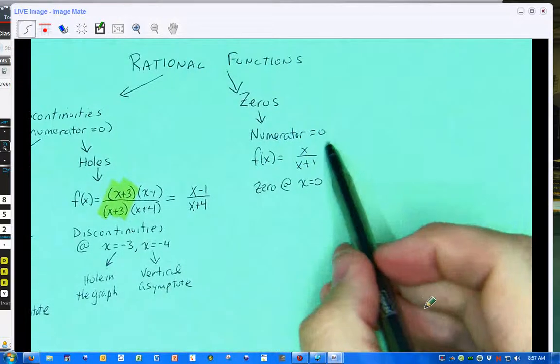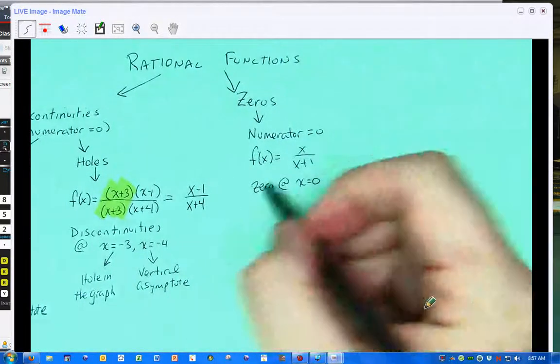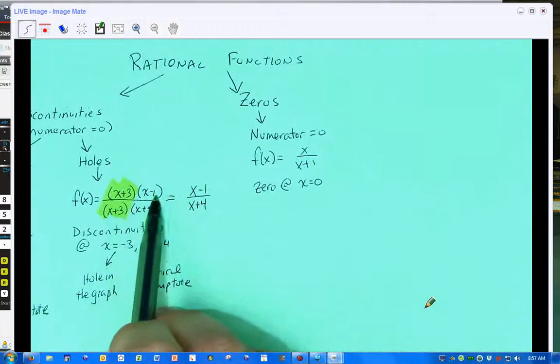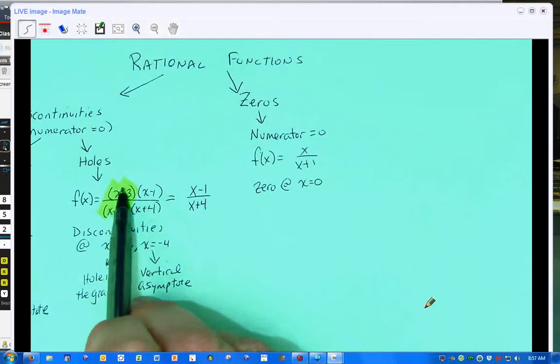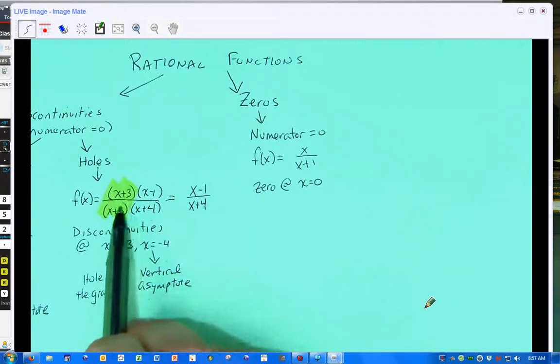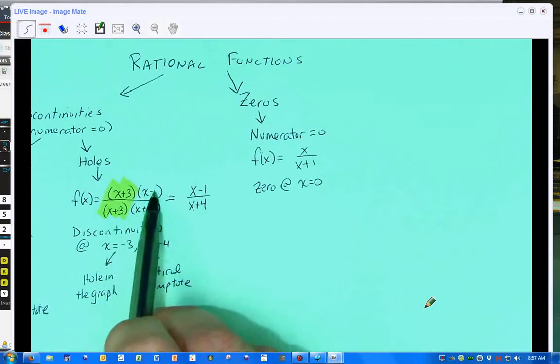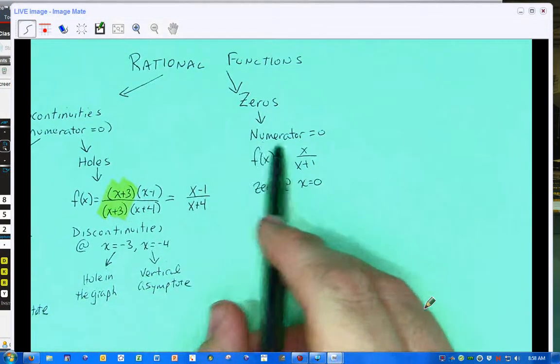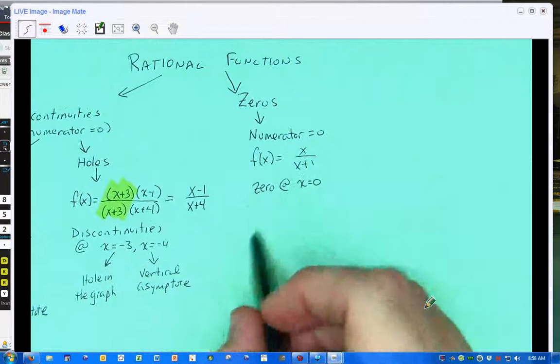Just take the numerator, set it equal to 0, you're good to go. If it gets more complex, like in this one, the factor tied up in the hole is not going to cross the x-axis anywhere. It's going to cross the x-axis here at 1. And we can kind of tell that from over here too. So all you do is you set your numerator equal to 0 and solve from there.